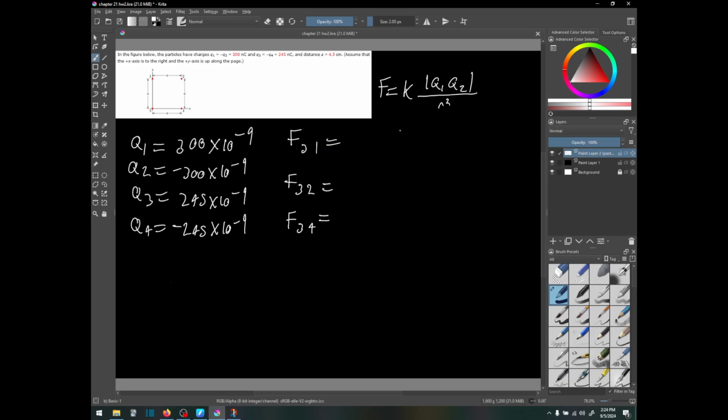And using Coulomb's law here, each of these is going to have K equal to 8.99 times 10 to the 9.